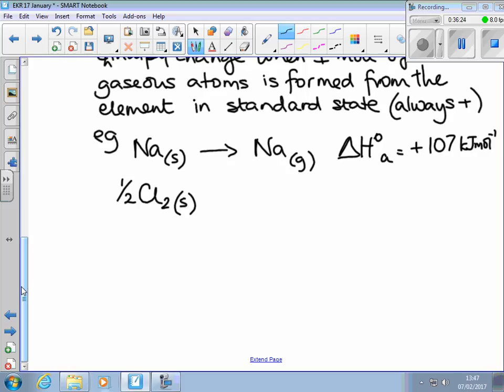So this is half a mole of Cl2, which I've put as solid, I should have put gas, that's put standard state up there, sorry. Chlorine does not hang around as a solid.